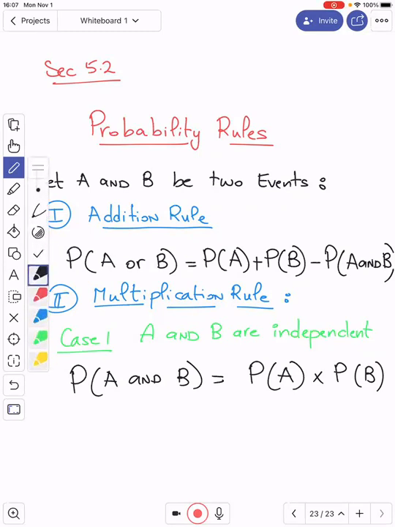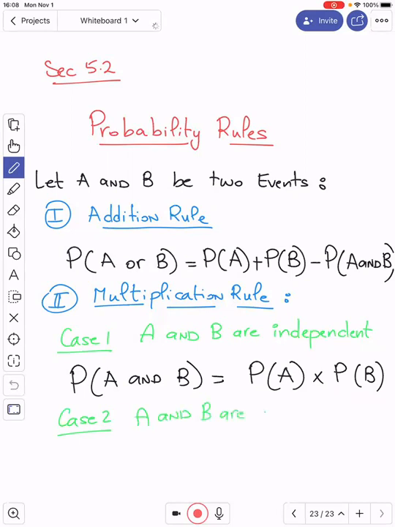Now, if A and B are dependent, again, just to remind you, dependent events means that the outcome of one event changes the other, right?